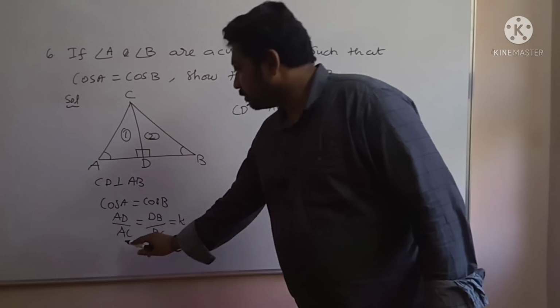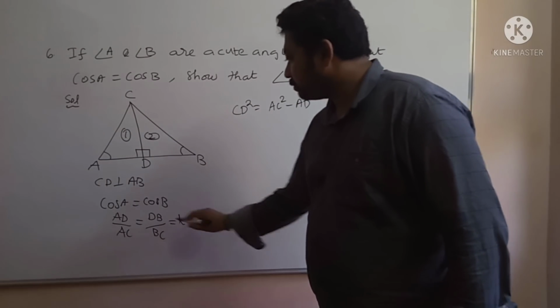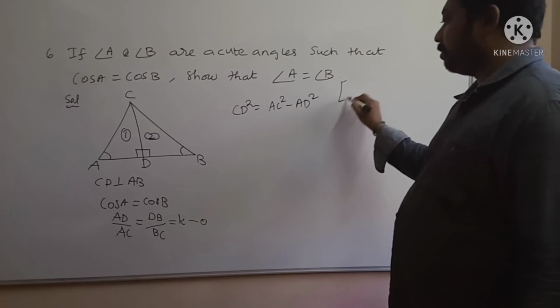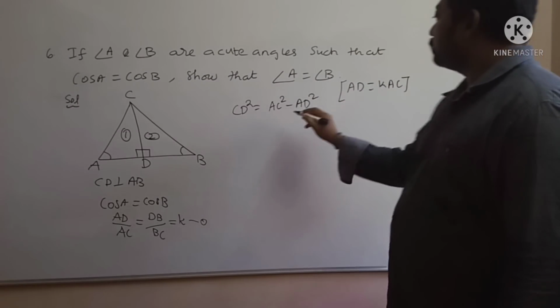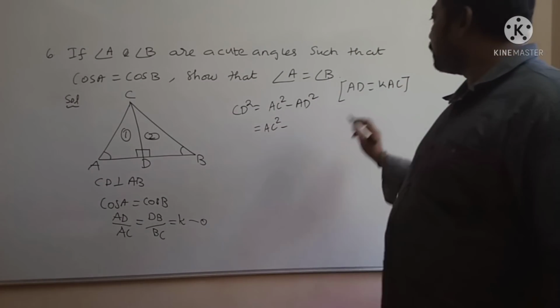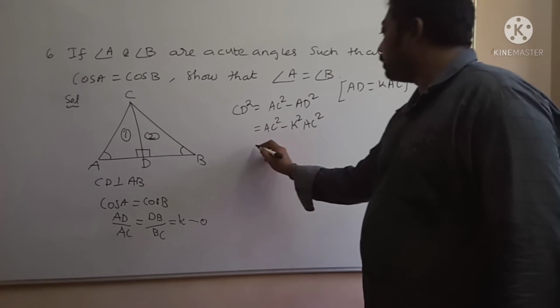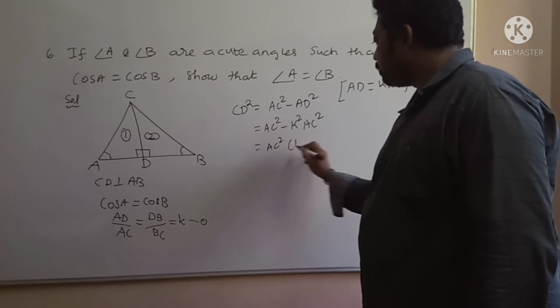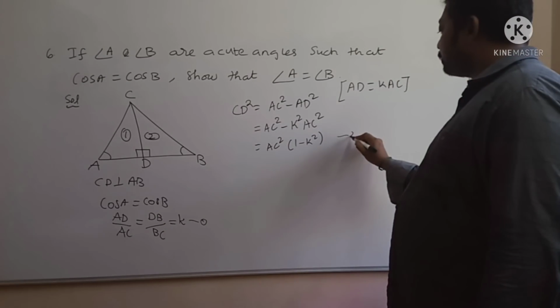AD is K times AC, so from this equation we can write AD is equal to K times AC. Here I am substituting KAC instead of AD, so we get K square AC square. Take AC square as common, so the remaining is 1 minus K square. Let it be equation 2.